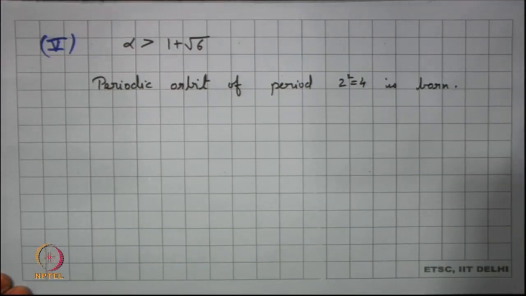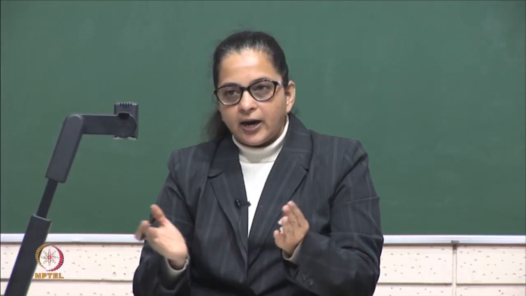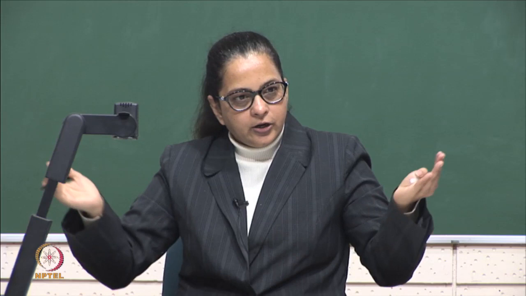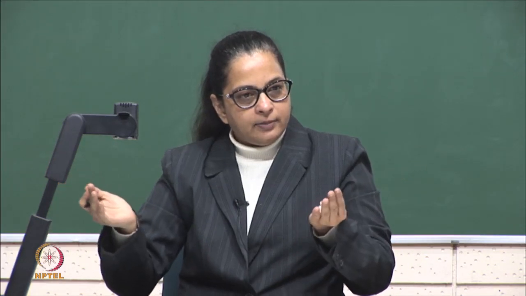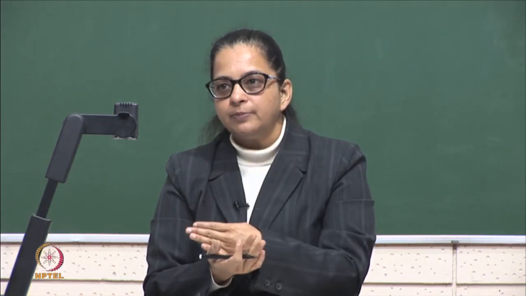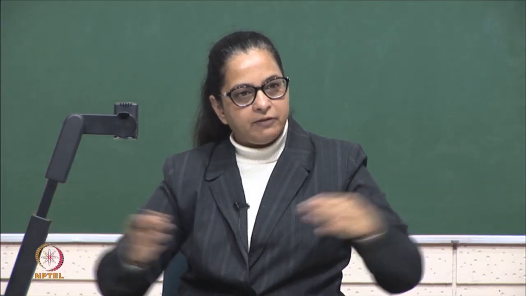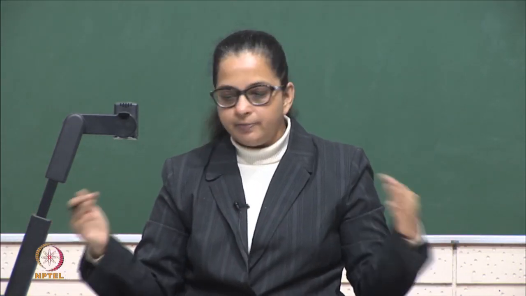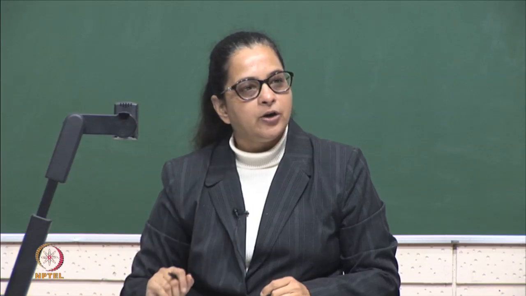Again for this new periodic orbit we find that under certain conditions this is attracting, this is a sink. So, all the nearby orbits are basically being attracted to this. We do have our fixed points as it is, we do have our period 2 points as it is, but these are sources. So, they remain where they are, and every other orbit is being attracted to this periodic point of period 4.